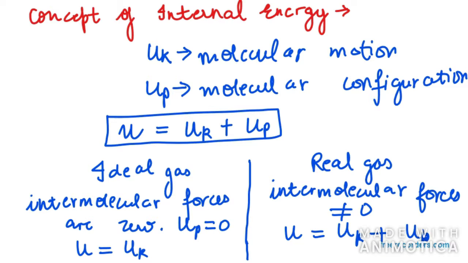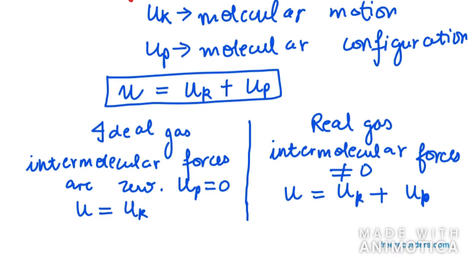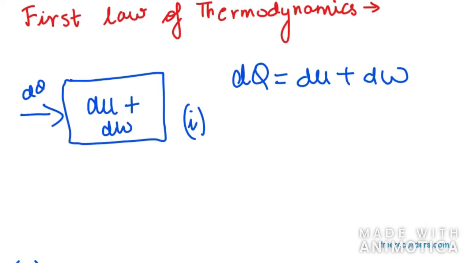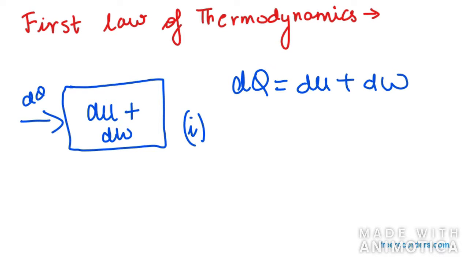Now let us move on to the first law of thermodynamics. The first law says that when some quantity of heat dq is supplied to a system capable of doing external work, then the quantity of heat absorbed by the system is equal to the sum of the increase in the internal energy of the system, represented by du, due to the rise in temperature, and the external work done by the system in expansion.